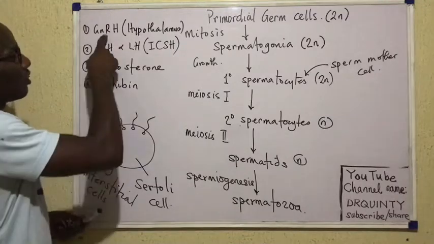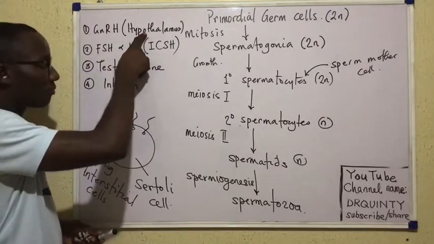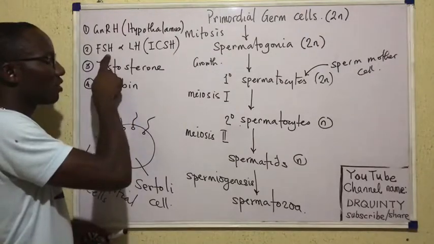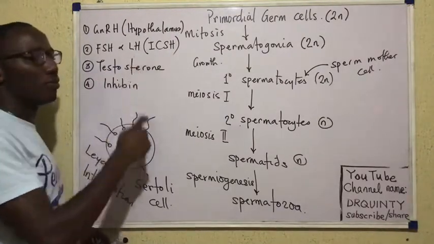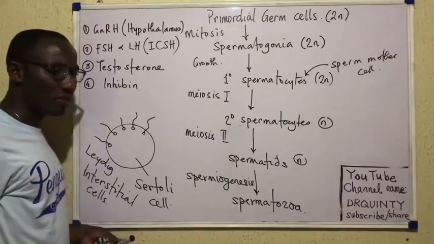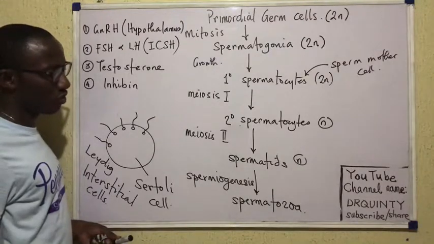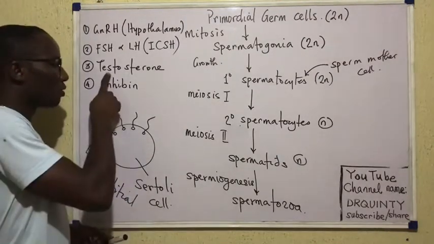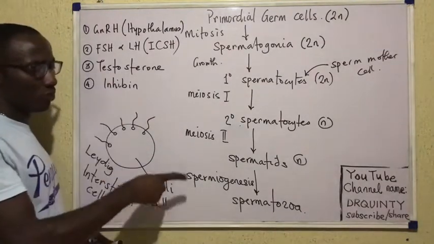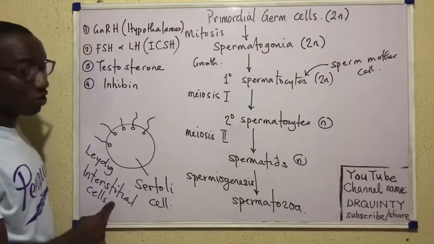So GnRH, like we said, comes from the hypothalamus. FSH and LH are produced in the pituitary gland, precisely the anterior pituitary gland, not the posterior. Testosterone is produced right there in the testis by the interstitial cells.